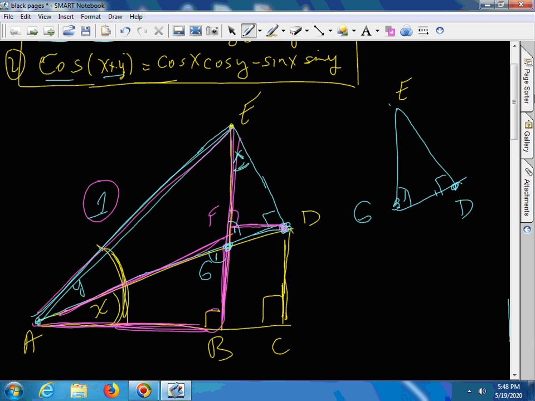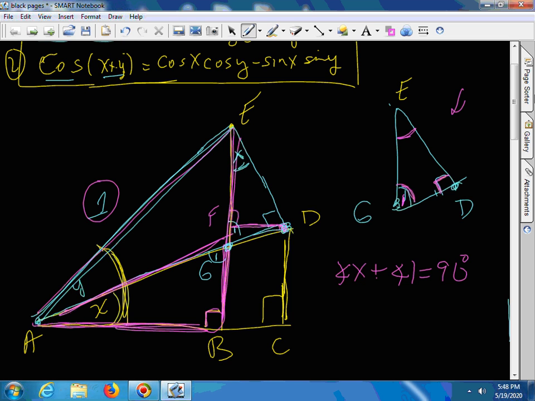Since it has a right angle, the other two angles, angle X and angle 1, they must sum to 90 degrees. Okay, but if we look at this triangle, it has a 90-degree angle, so this angle and this angle must sum to 90 degrees.